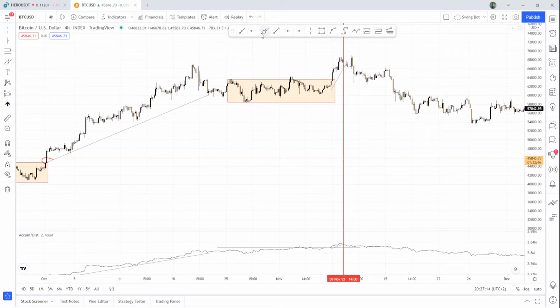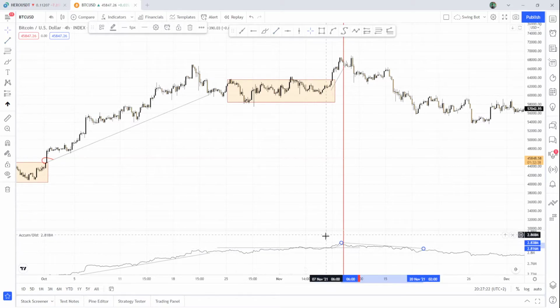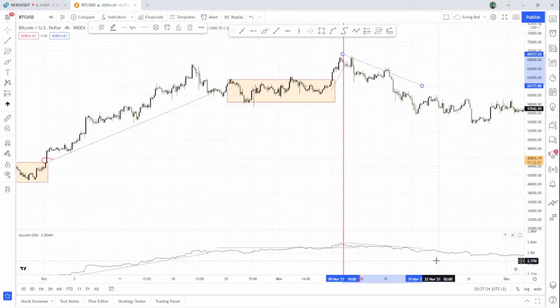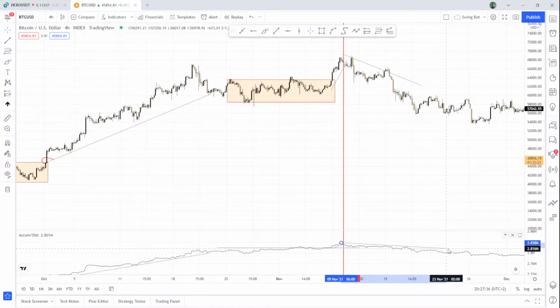So we take the top of this from here, and we can draw another line, like a resistance, okay. So let's take from the same point and go until here. Actually let's see how far we can go without breaking the line.